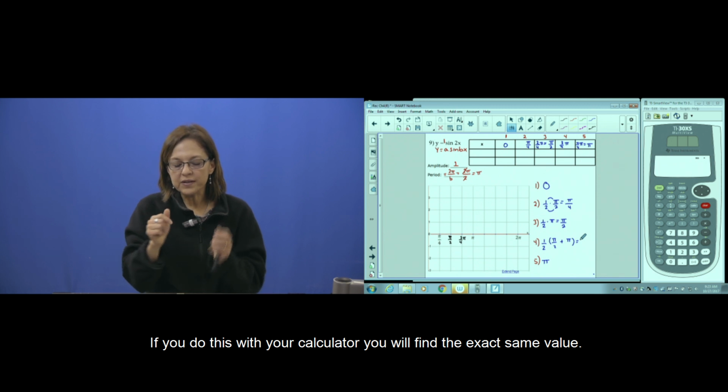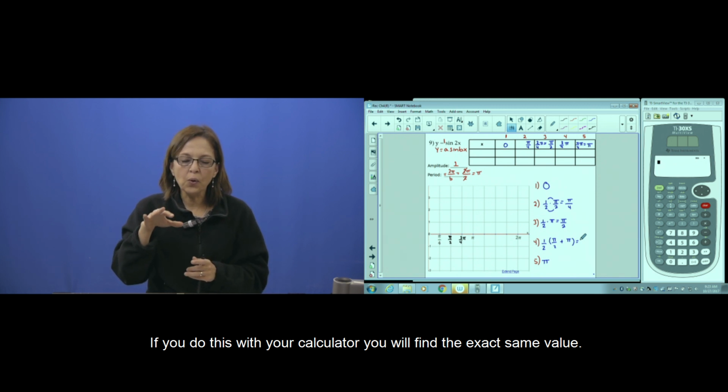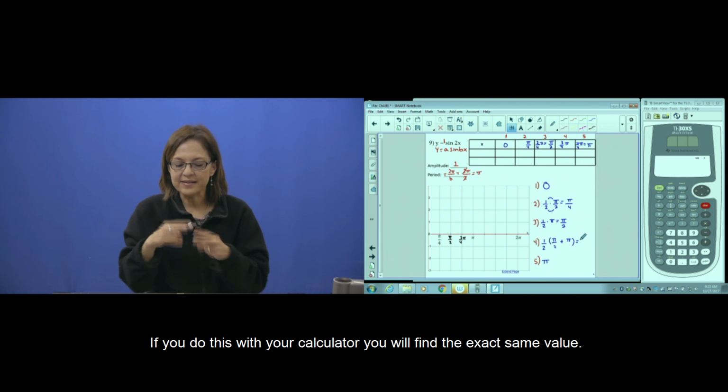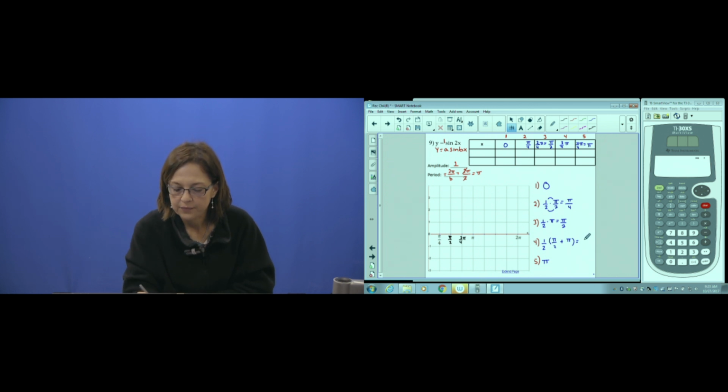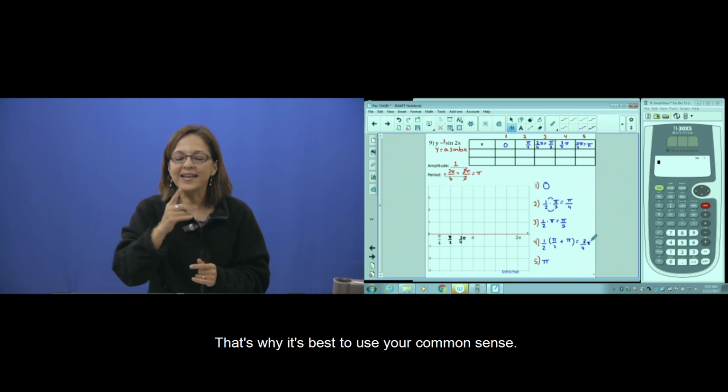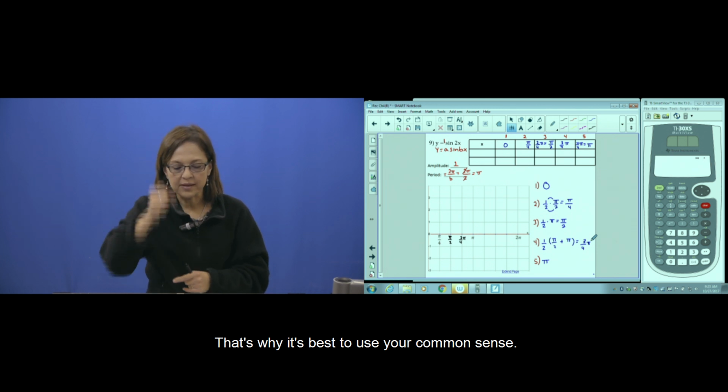If you do this with a calculator, you will find exactly the same value. That's why it's better to use your common sense.